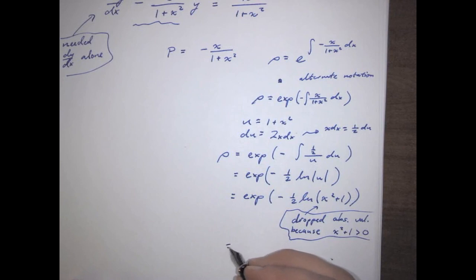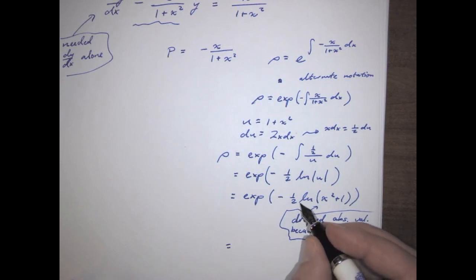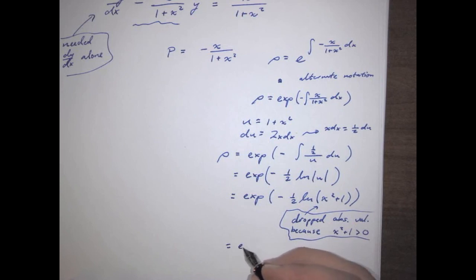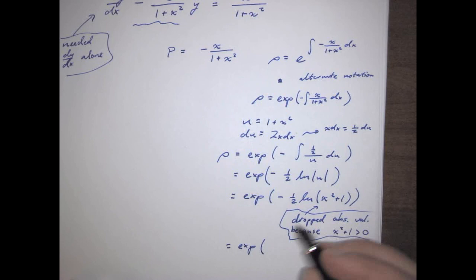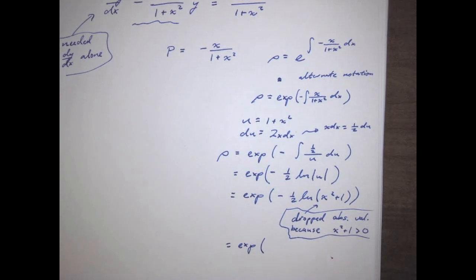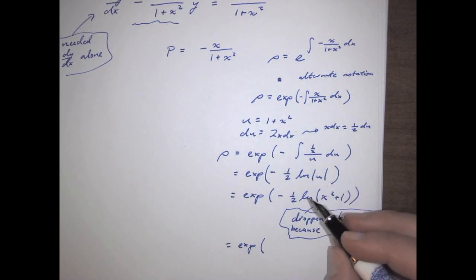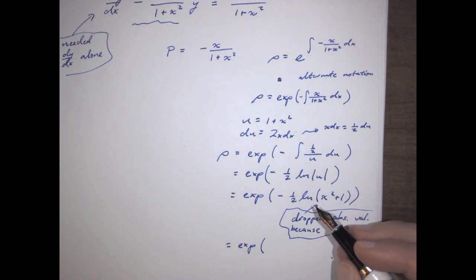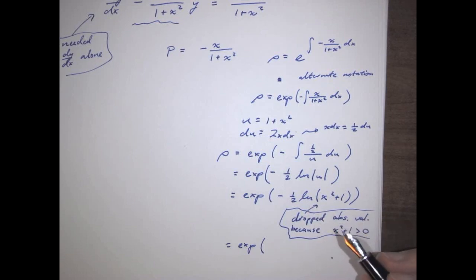So then, thinking about this, what we've actually got here is the same as exp. Now let's think about this. We've got an exponential function here and a logarithm here. So clearly you might suspect that these are going to somehow cancel each other.